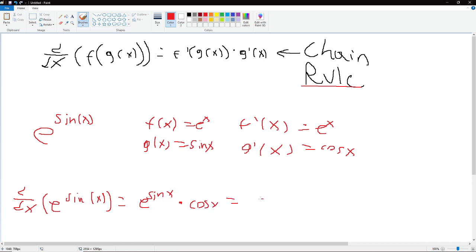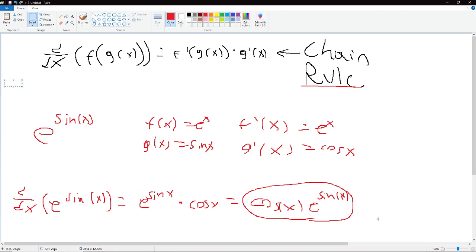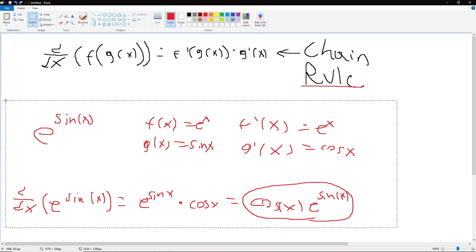So this is just going to equal cosine of x multiplied by e to the power of sine x. So you can use this rule to do some very complicated problems. It's very useful, probably the most useful derivative rule.